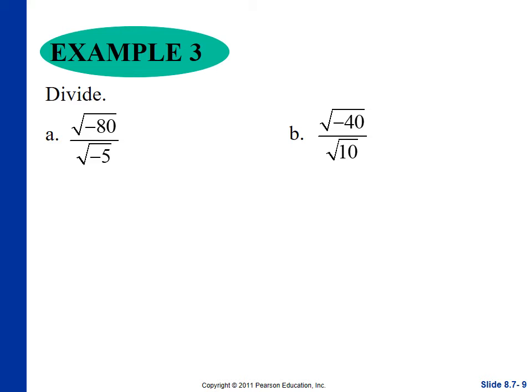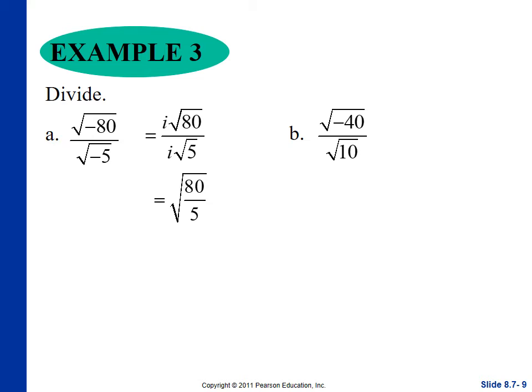All right, let's look at dividing some of these out. So we have the square root of negative 80 over the square root of negative 5. So we're going to get those i's out. And we can go ahead and cancel those i's.